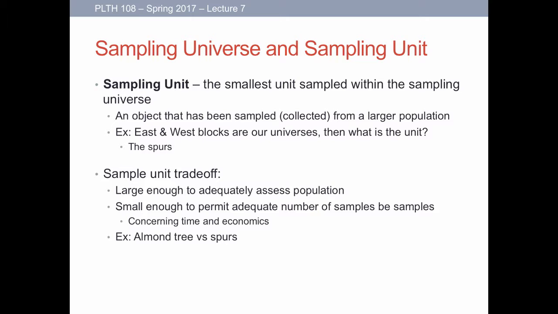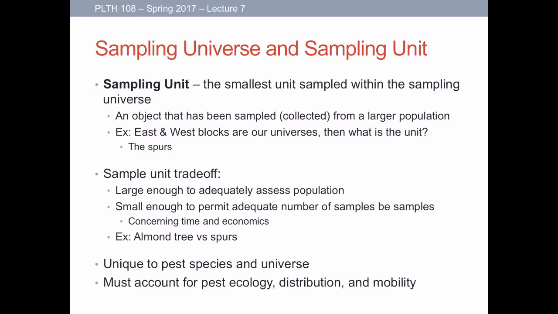You want to have enough counts so you get an accurate count. But at the same time, you don't want to be out there all day sampling. You don't want to sample huge amounts. For example, you don't want to set your unit as looking at all the San Jose scales on an entire almond tree, because it would take you forever to count all the San Jose scales. Whereas having a spur is a nice, easy thing to measure because it's about this big, and you can take it back to the lab and look under the microscope.